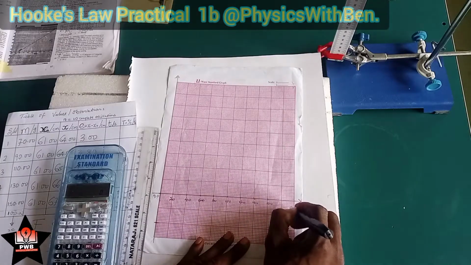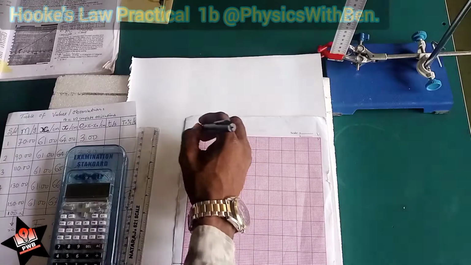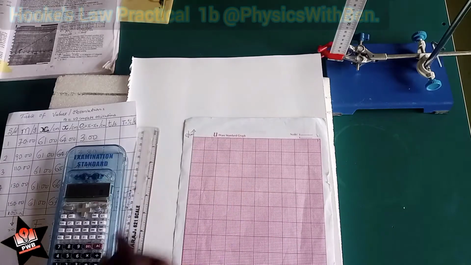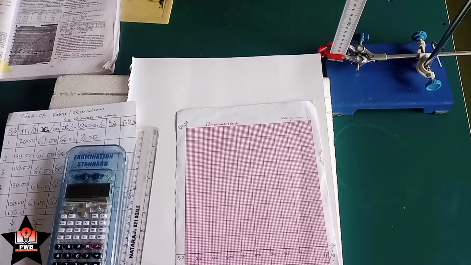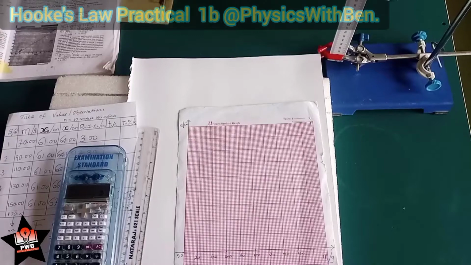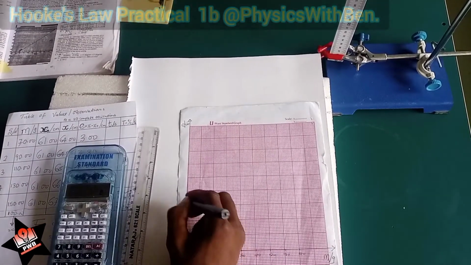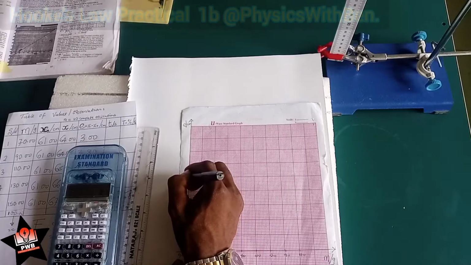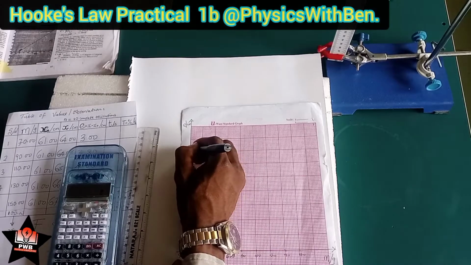So this is our m in grams, and then extension in cm, and this is 1, 2, 3, 4, 5, 6, 7.